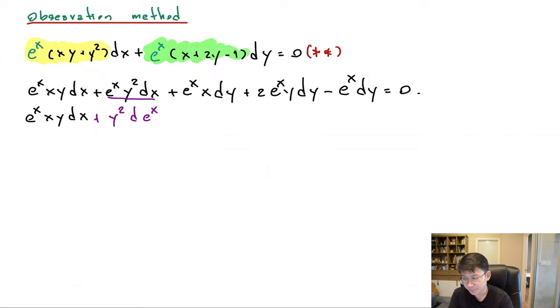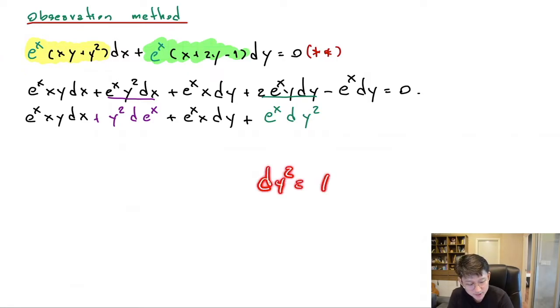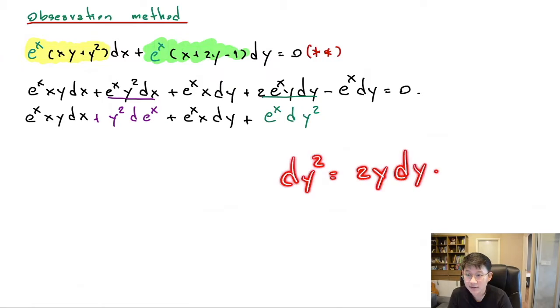And another one, I'll keep it that way, dy plus, and this, as you can see here, is e to the x d y squared, right? I try to do it slowly because d y squared is 2y dy. Make sense?